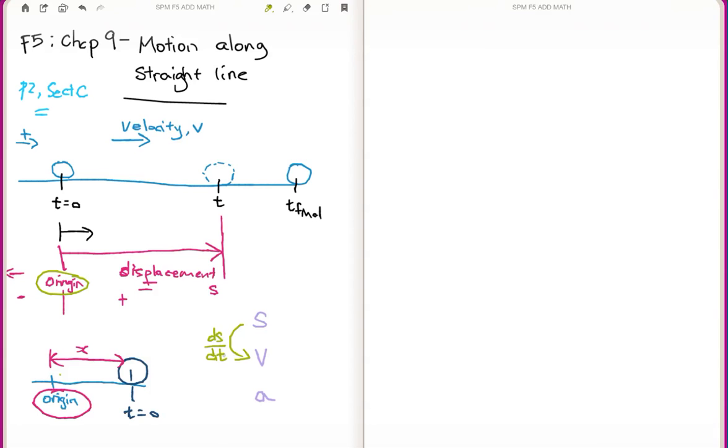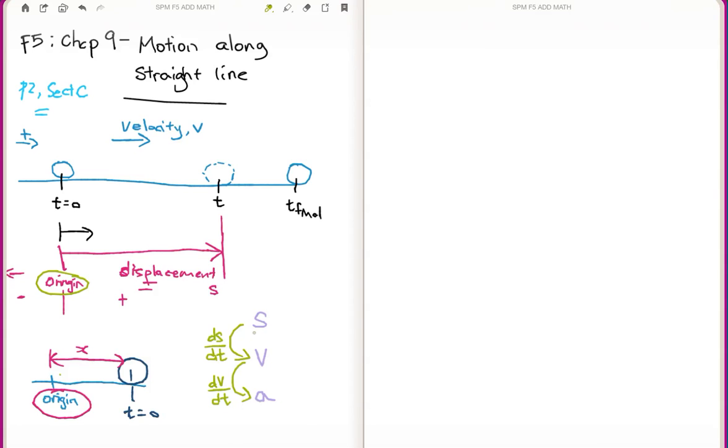Whenever there's something over time, it's a rate of change. Whereas acceleration is defined as the rate of change of velocity, that's why it's dv over dt.